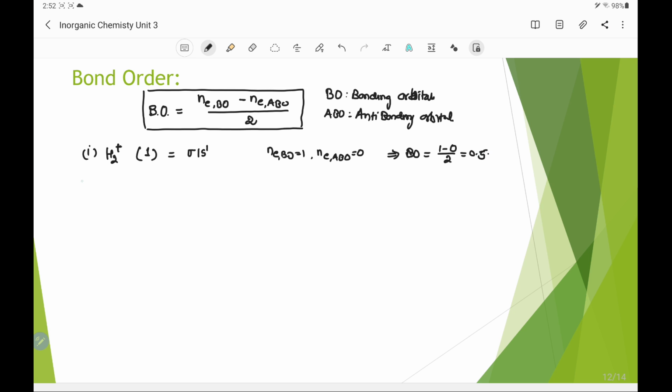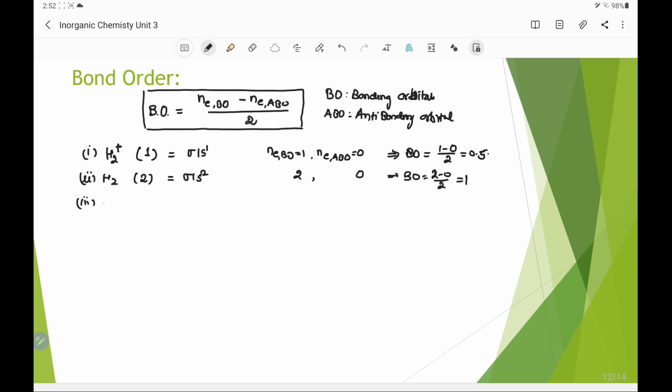Similarly, we will write the bond order for the different molecules and ions. For example, H2 has 2 electrons in the orbitals, distributed as sigma 1s2. So the bonding orbitals have 2 electrons, the anti-bonding orbital has 0 electrons, and this implies that bond order is 2 minus 0 by 2, that is equal to 1.